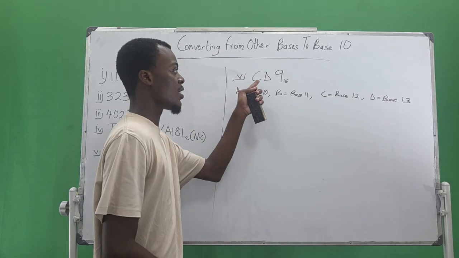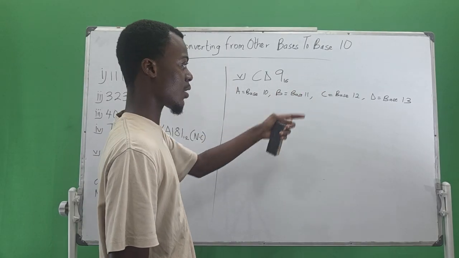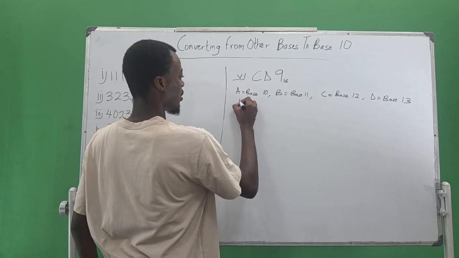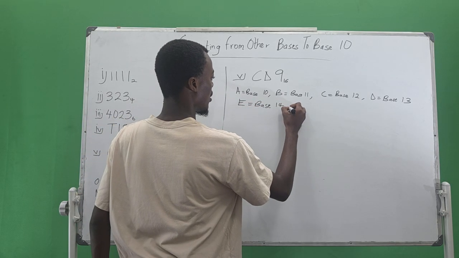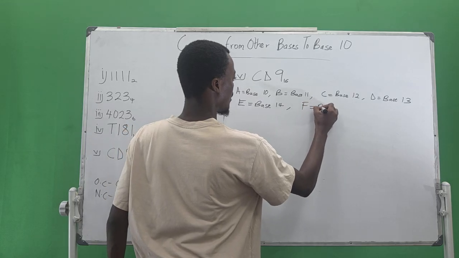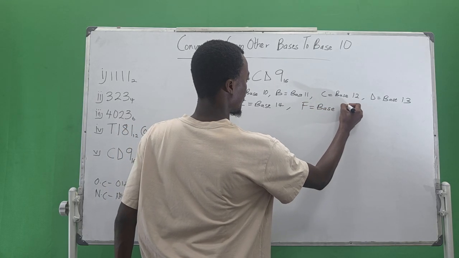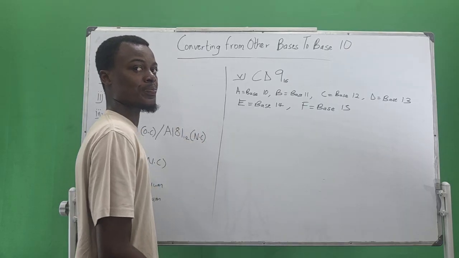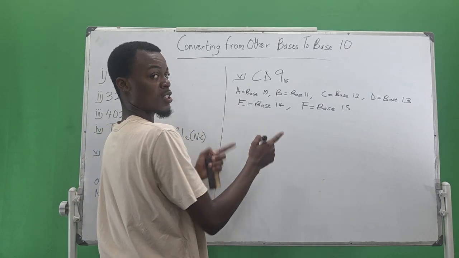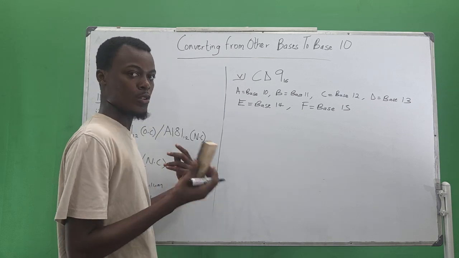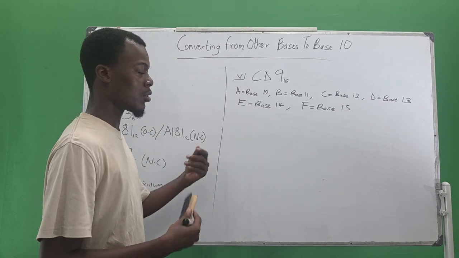So now since we have C and D here, let's continue. I think E is 14 and F is 15. Okay. So now let's solve it. I just wrote this for the purpose of understanding and clarification.